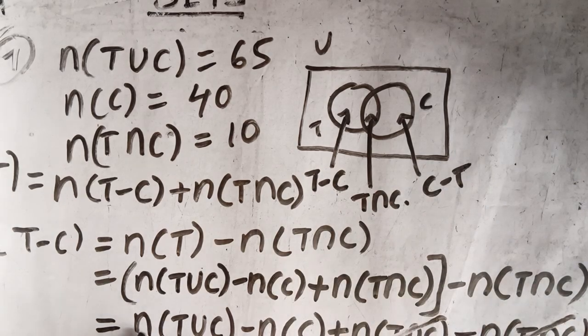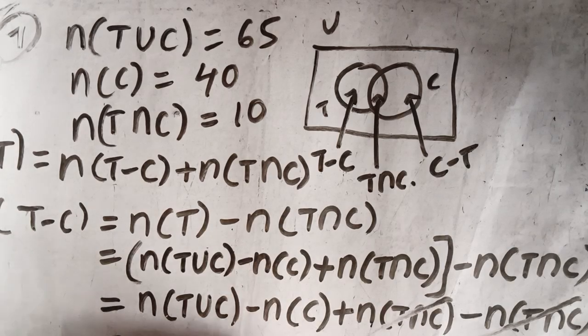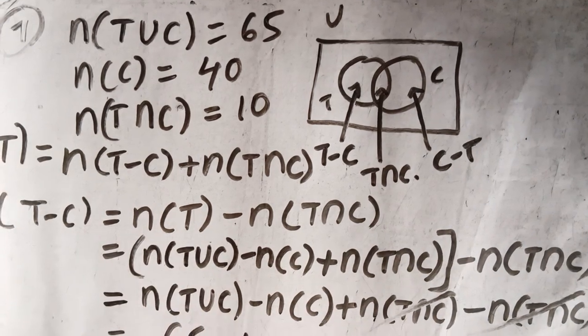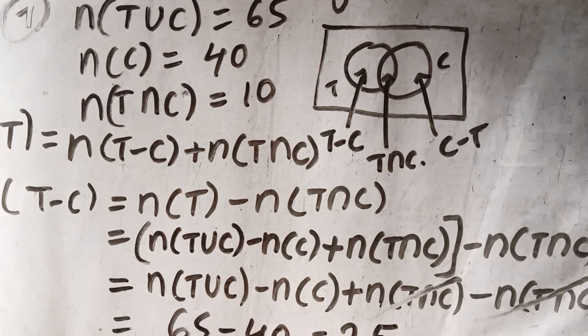I'll get n of T union C minus n of C. So n of T union C is 65 minus 40, so n of T minus C is 25. And how many like tennis?